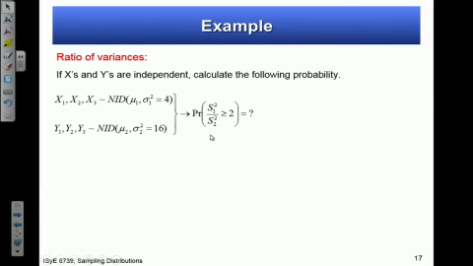So what you need to do is try to multiply by something to make a distribution that you know.